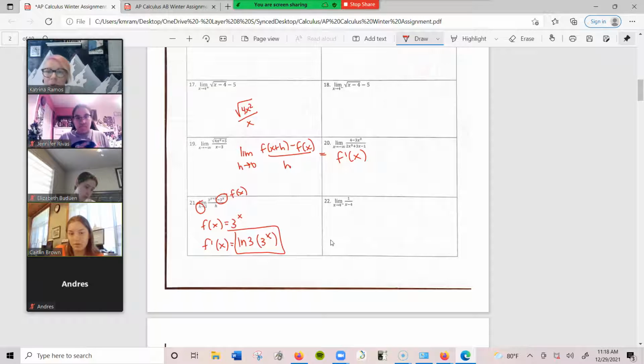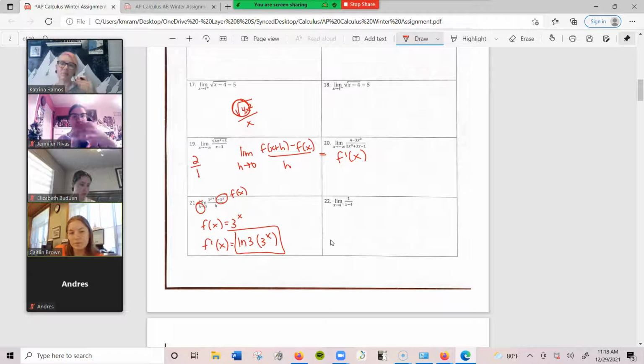Exactly. So you take your coefficients and you divide. Now the coefficient of the numerator is the square root of 4, which is 2, over 1, because that's the coefficient of the denominator.